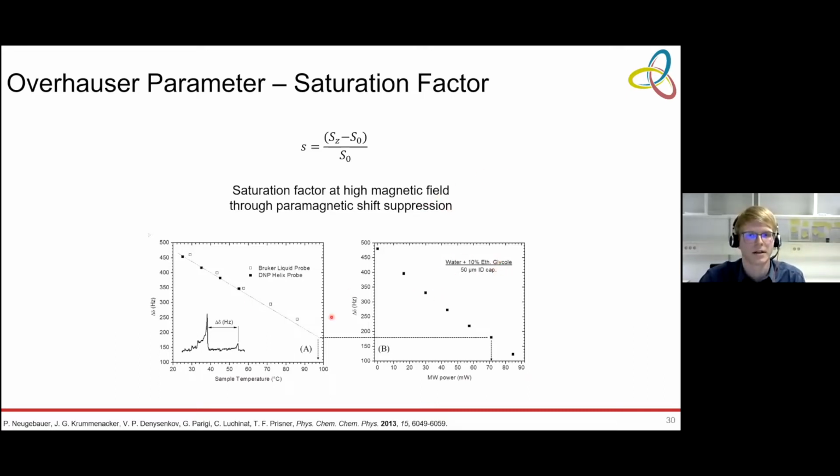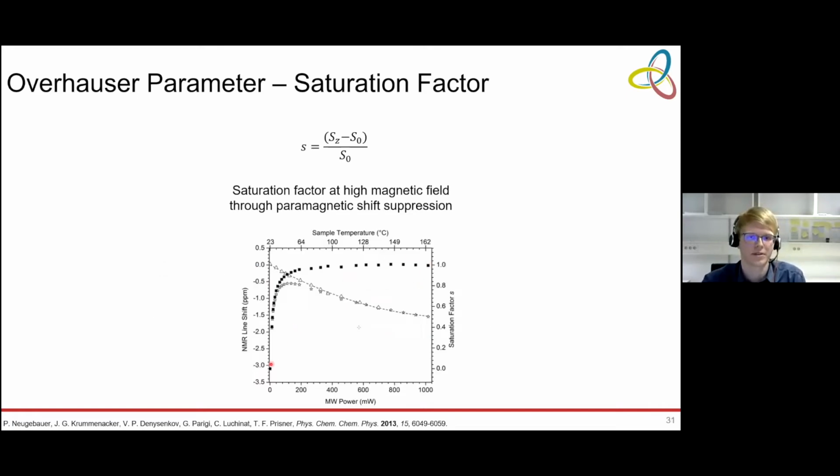They compared the chemical shift difference and calibrated the temperature. Then they added the paramagnetic substance and were able to measure the NMR line shift as a function of the microwave power, ending up with the saturation factor, which is a cool way, I guess, to do that at high field.